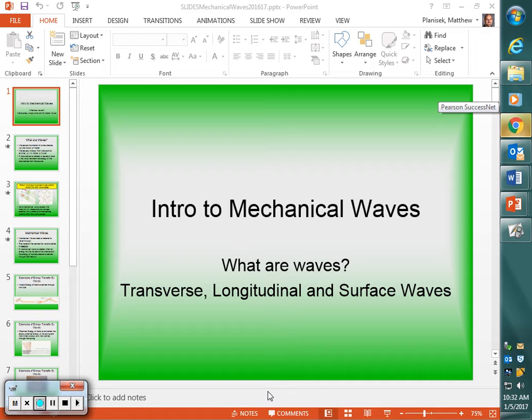Seismic waves are actually examples of longitudinal waves. What makes it a longitudinal wave? Parallel direction of wave movement, right? So crunch, spread, crunch, spread, as opposed to up, down, up, down. Okay, good.